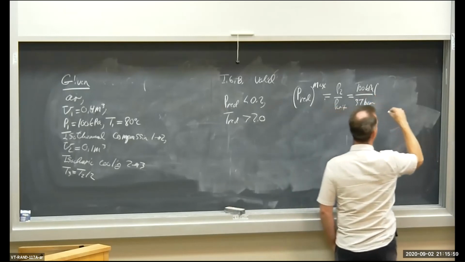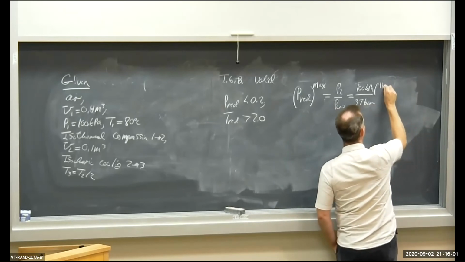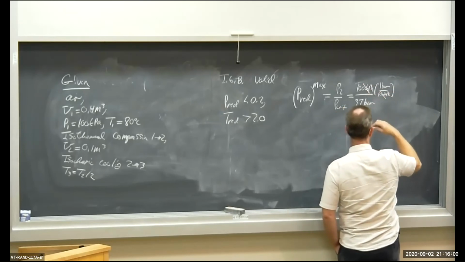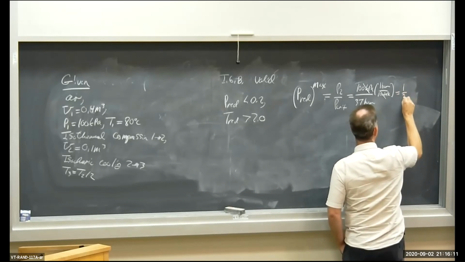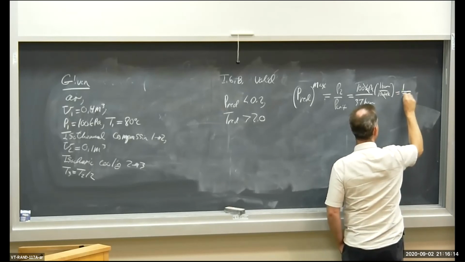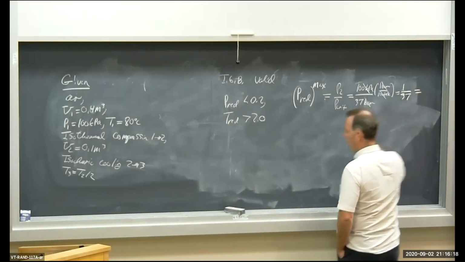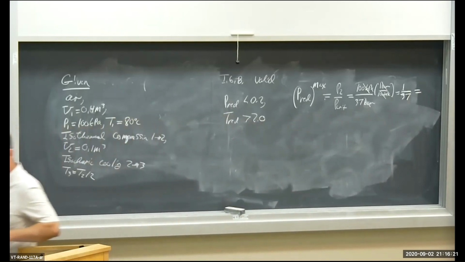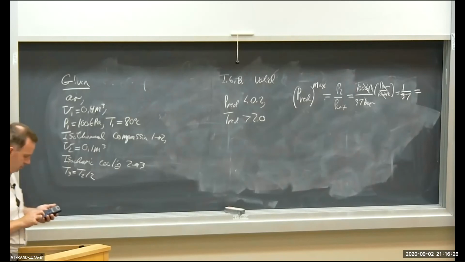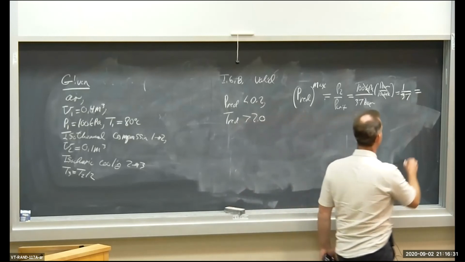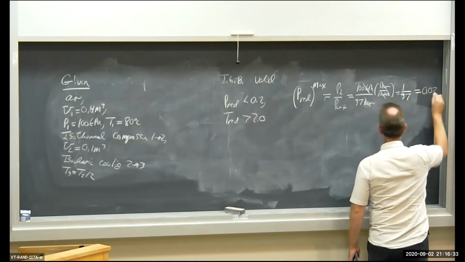By the way, there's 1 bar per 100 kPa. So that cancels out, and I get 1 over 37. Bars cancel out. Oh, 1 over 37, what's that? Pretty small. 1 divided by 37 is 0.02.